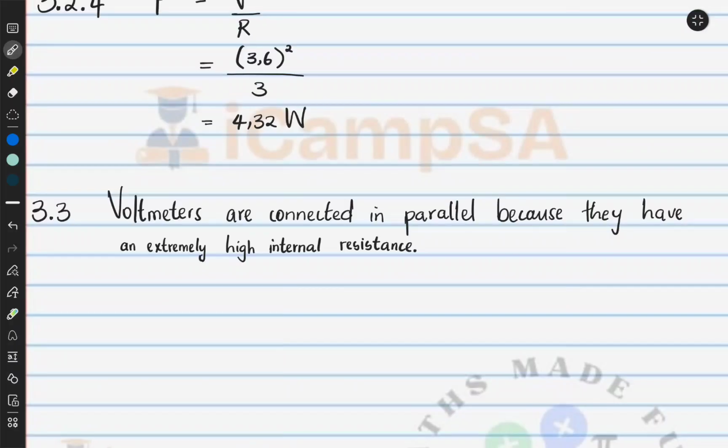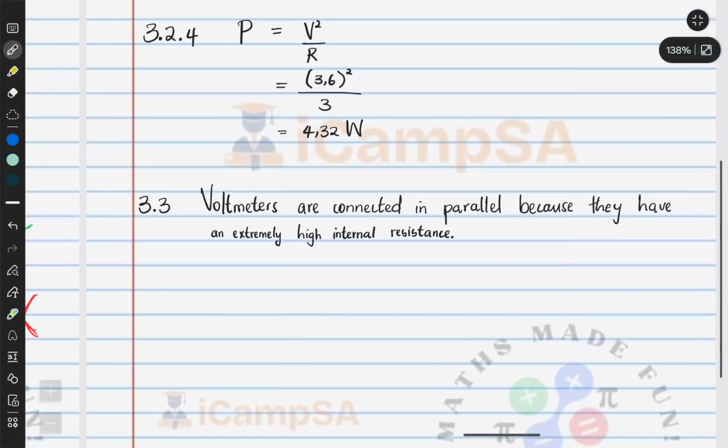Because remember, in a circuit, once you increase or decrease the resistance, the current is affected. So imagine if we connect a voltmeter in series. Already the voltmeter has an extremely high internal resistance, so it would affect the current in the circuit. So to avoid all of that, we usually connect these in parallel. Okay, so that's one reason.